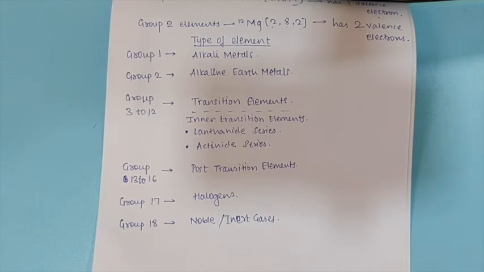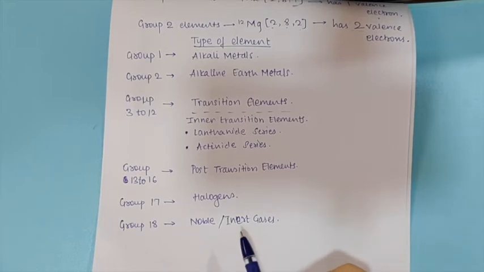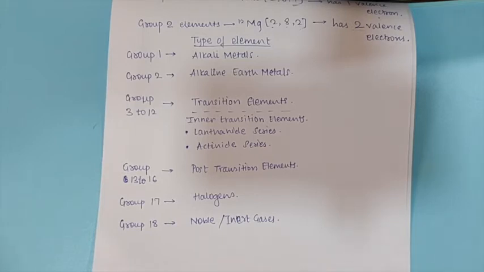These are non-metallic in nature and these consist of fluorine, chlorine, iodine, bromine and astatine. The last group, group 18, consists of noble or inert gases. These are inert, unreactive and have a stable electronic configuration. For example, we have helium, neon, argon, krypton, xenon, radon, etc.